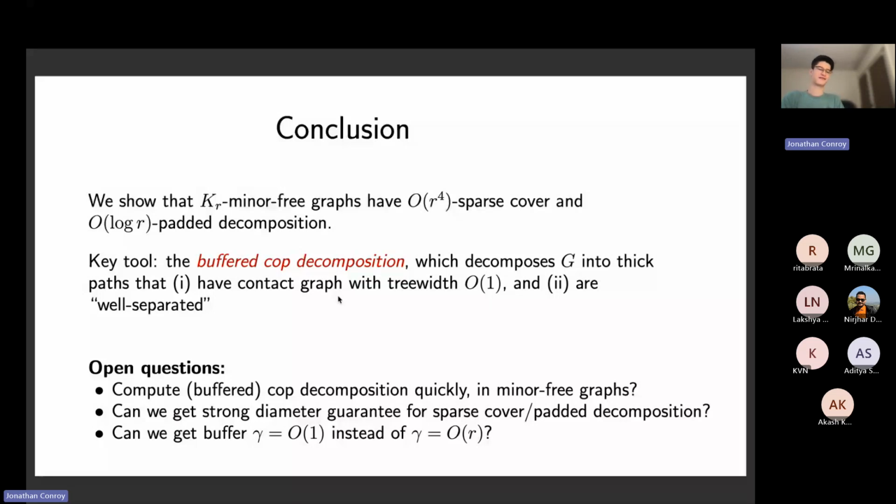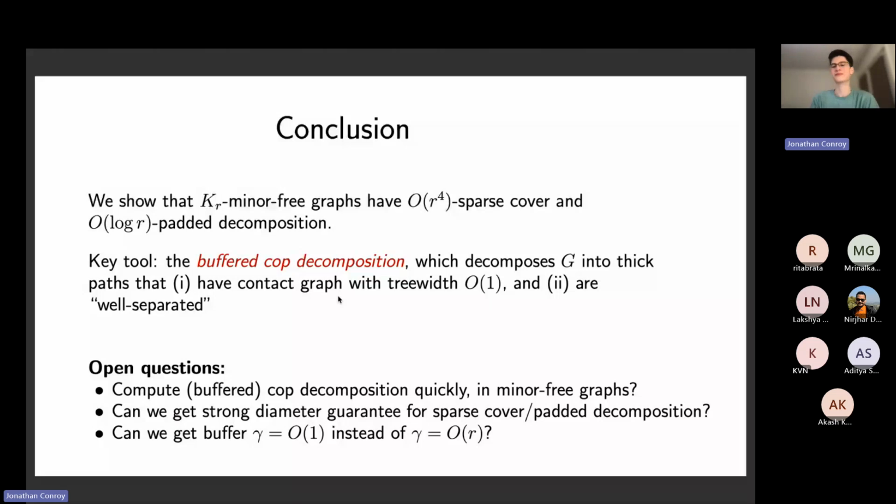Okay, so I've put some open questions here. Some of them are about getting better guarantees for buffered COP decomposition. I mentioned this before: could we directly improve the buffer parameter in buffered COP decomposition to gamma equals constant instead of gamma equals O of R?